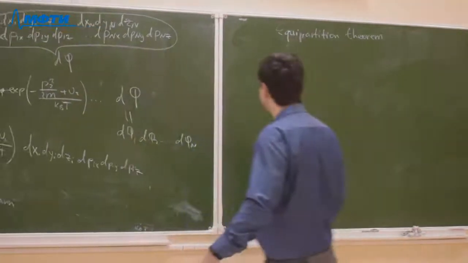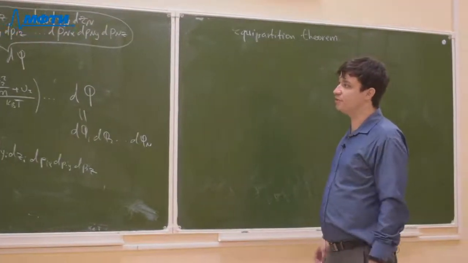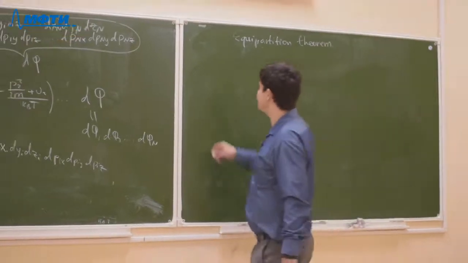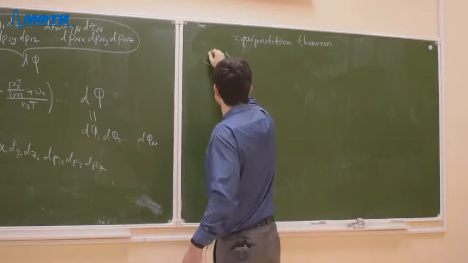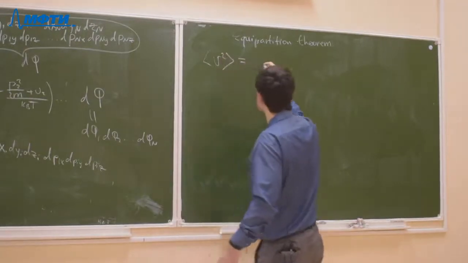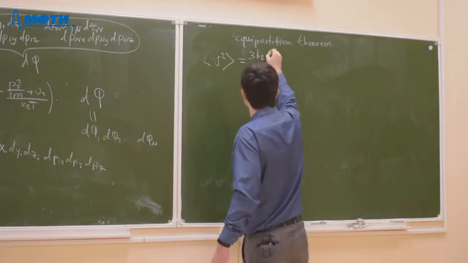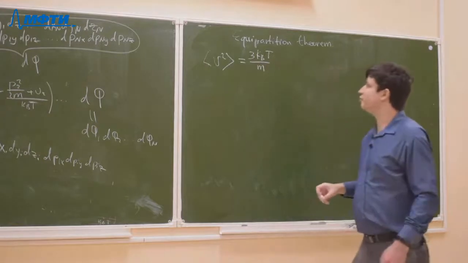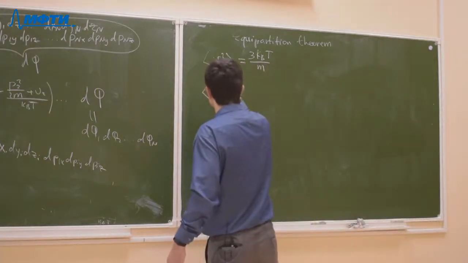Well, previously we have found for the Maxwell distribution that the average square of speed is given as, from which I can find the average kinetic energy of the molecule.